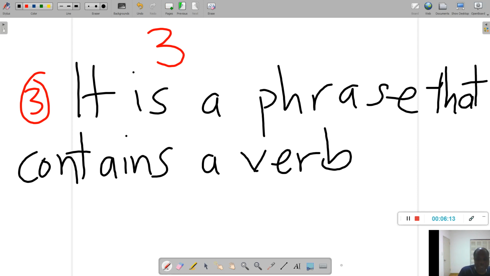Number one, the predicate is what the subject is doing. Number two, a predicate informs what the subject is, or what it is doing. And finally, it is a phrase that contains a verb.